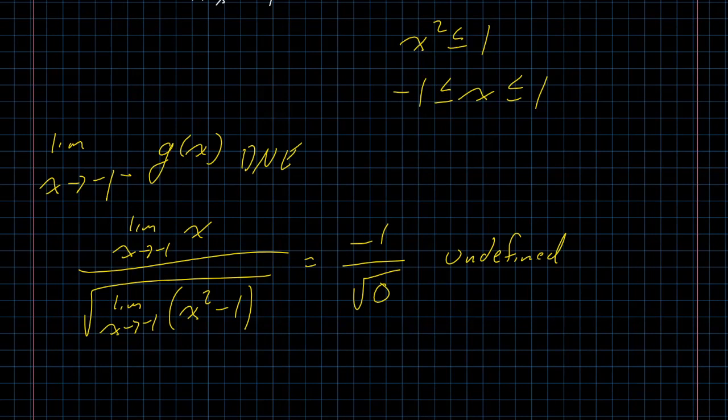Then from there, we can do a numerical analysis, which we kind of just did because we had the computer draw the graph. And we can more specifically say that the limit as x approaches -1 from the left of g of x is going to be -infinity.